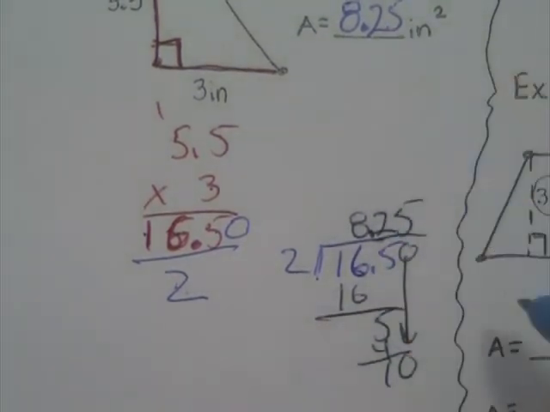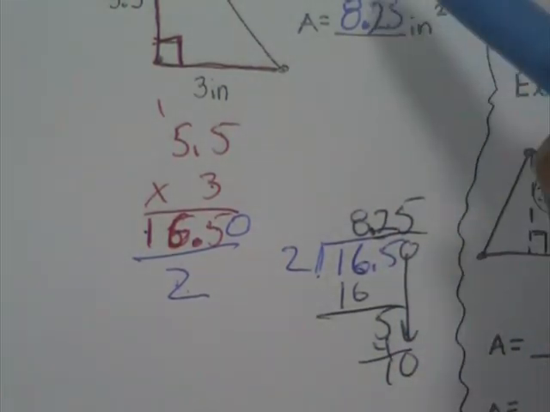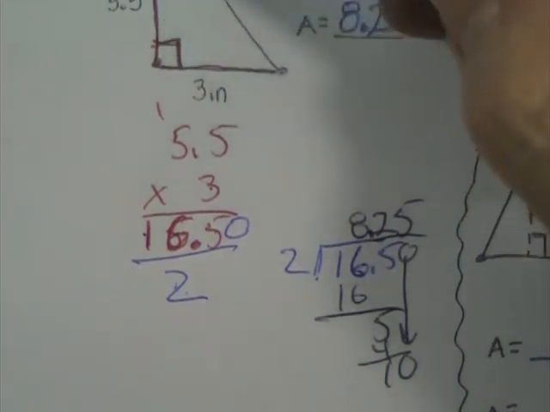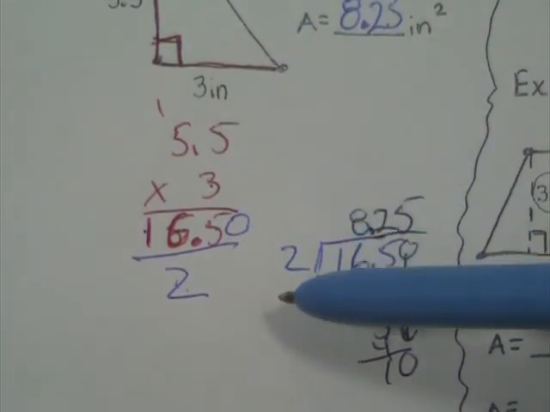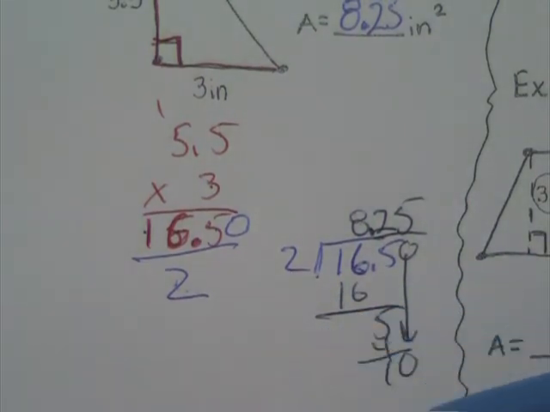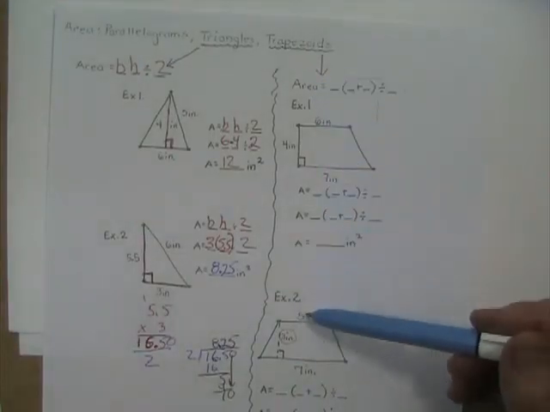So 8.25 is our answer. Okay, so that's our area, 8.25 inches squared. Sometimes it's not a nice, easy number. And if that's the case, multiply and divide by 2. Take half of it. Okay, we'll do the trapezoids another time.